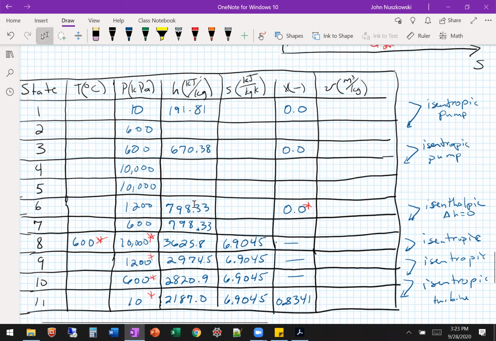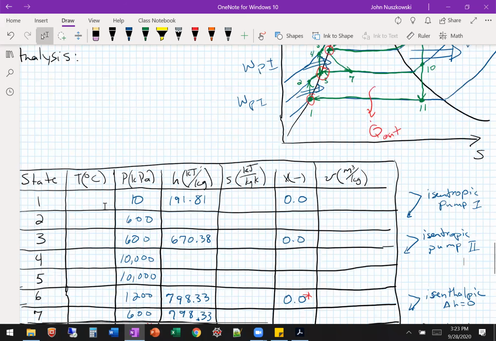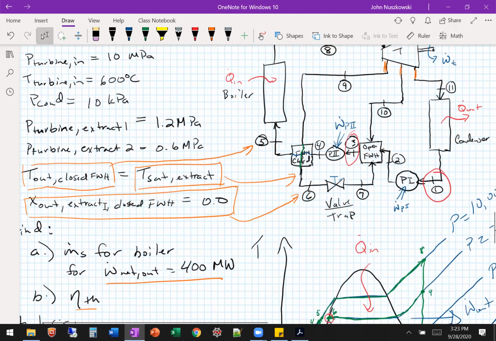All right. So then 5, and then we'll go into depth on the pumps that was mentioned. So this is pump 1. It's pump 2. All right. So we have something for 5, and this is where we go back to the givens. They actually told us some information about 5. The temperature out of the closed feed water heater, so that's state 5, is equal to the saturation temperature of the extracted steam.